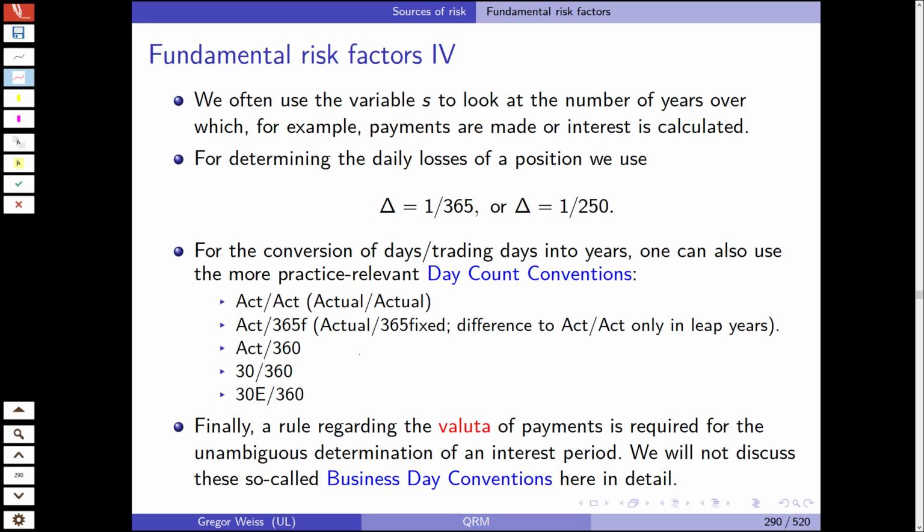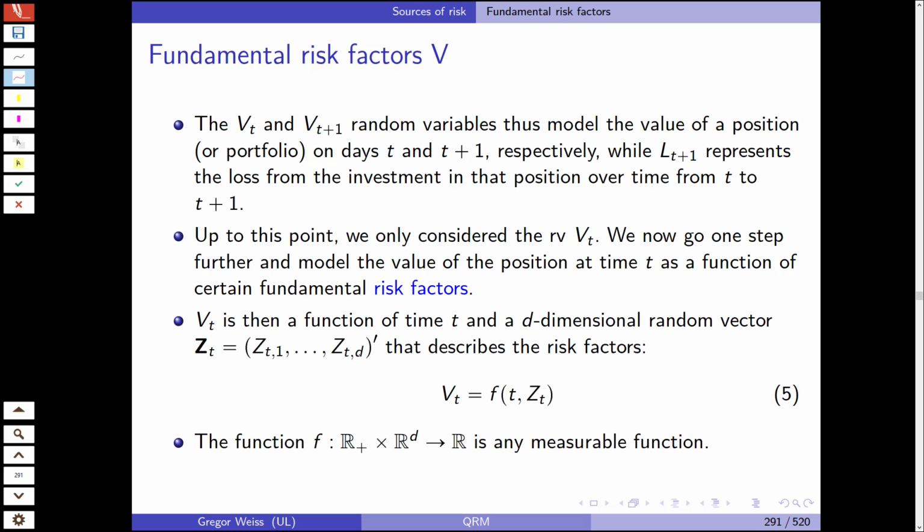This is important in practice, not so much in science and research, but I wanted to mention it so that you know that in practice it is highly important when these payments are made. And are you assuming, for the sake of calculating interest and compounded interest, 30 days per month? Are you taking the actual number of days in a month or in a year? These are called day count conventions.